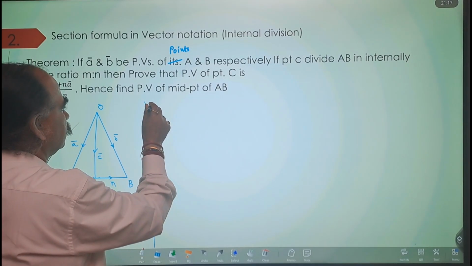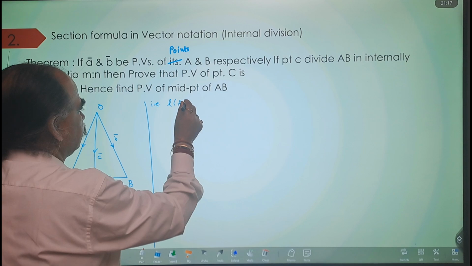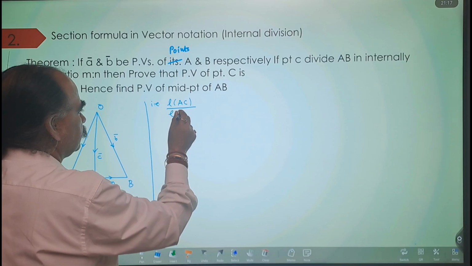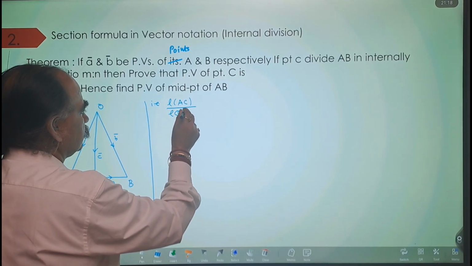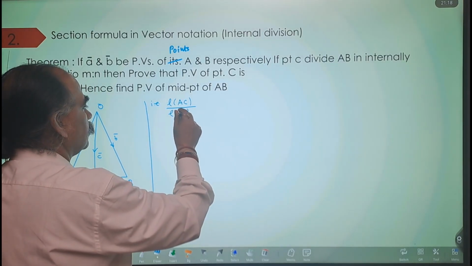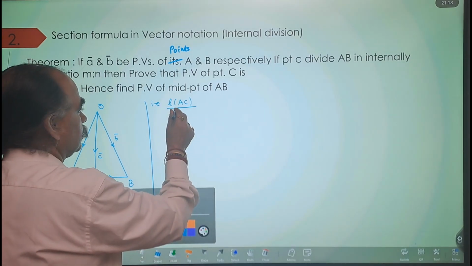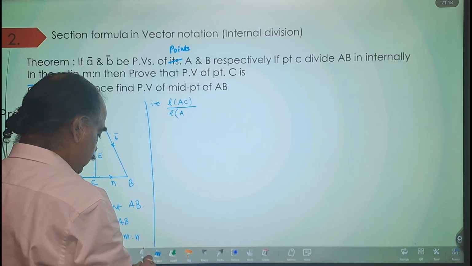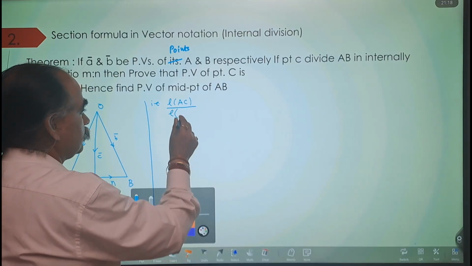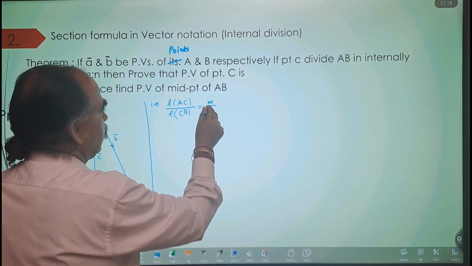That is, length AC upon length CB is m by n. Equation number 1.